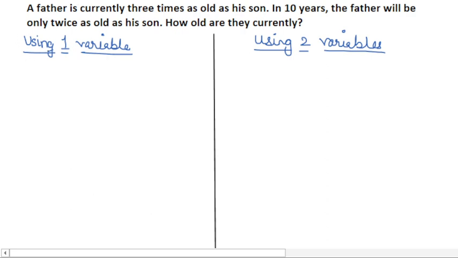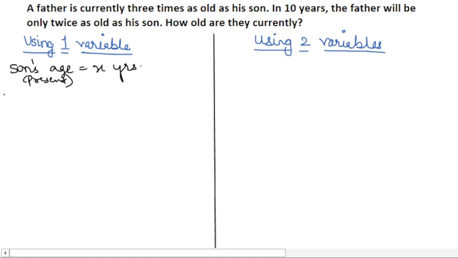In such questions, it is always suggested that the smaller value be assigned a variable. Out of the ages of father and son, the son's age is smaller than the father's. So let us say the son's age be x years. This is the current, present age.